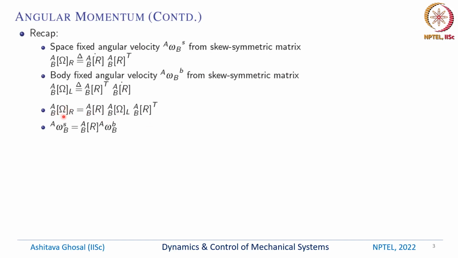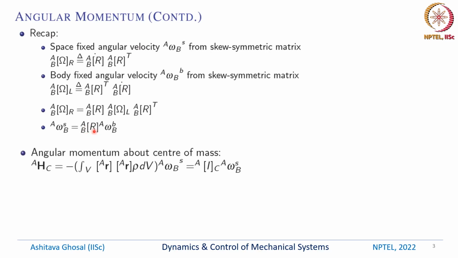So AB omega R equals ABR, AB omega L, ABR transpose. And the angular velocity vector A omega bs in the space fixed formulation is nothing but A omega b in the body fixed reference system pre-multiplied by a rotation matrix. So this we had seen earlier.